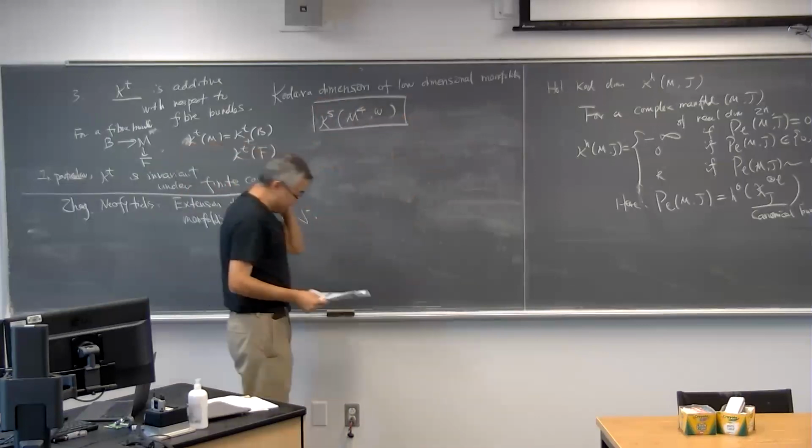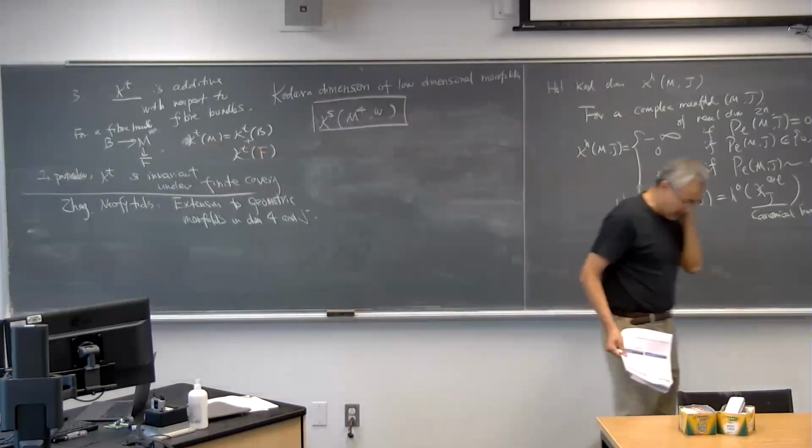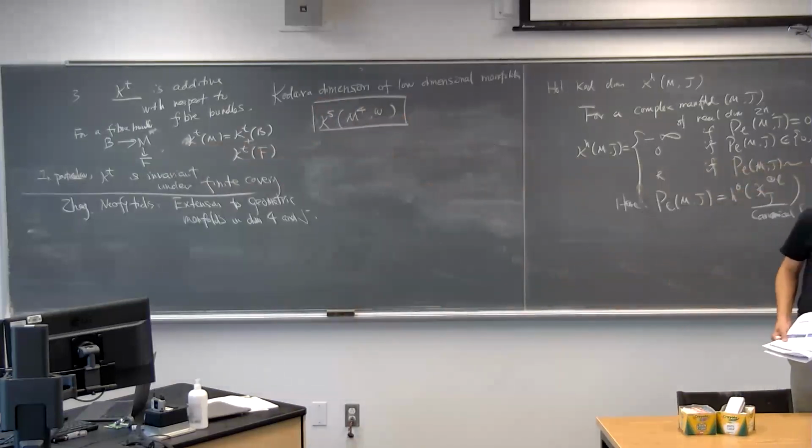Claude LeBrun, Dusa McDuff and Dietmar Salamon all made some initial proposals extending this notion of Kodaira dimension to symplectic 4-manifolds.